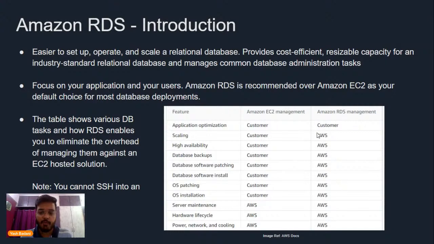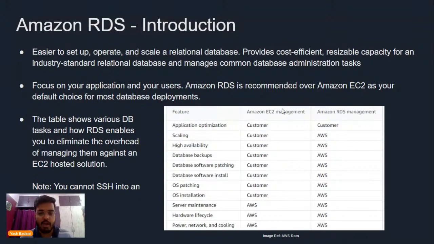Once you opt for RDS, you also get auto scaling, a high availability option, automatic software patching, OS patching, and automatic database backups. Whereas in EC2, you will get more of a DevOps approach on this side.